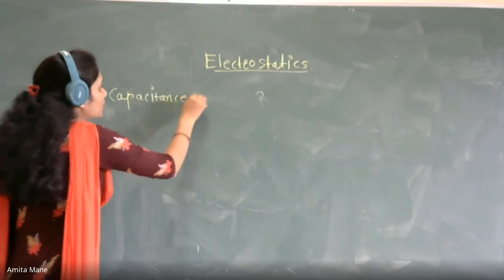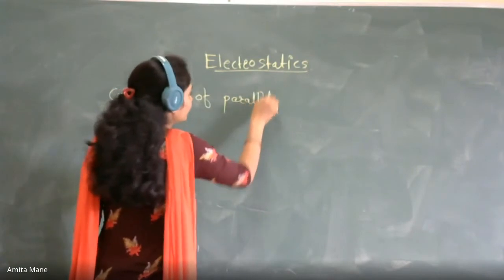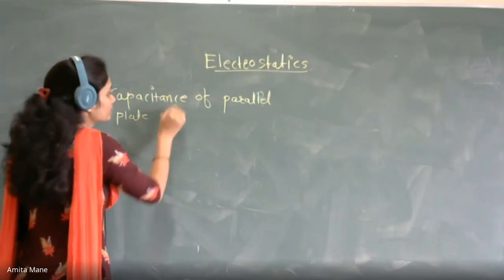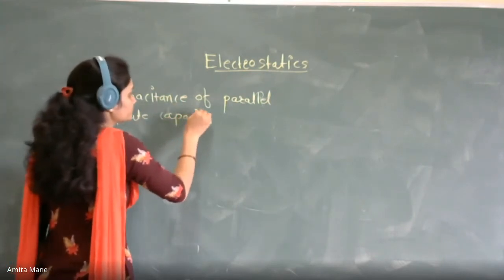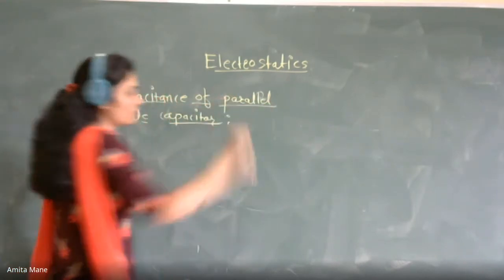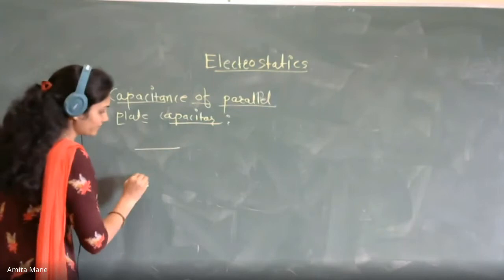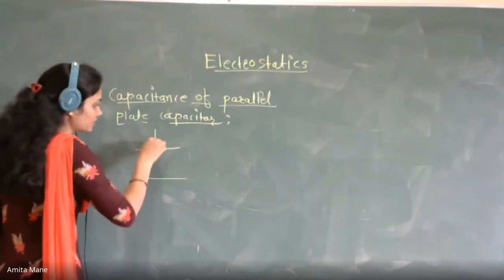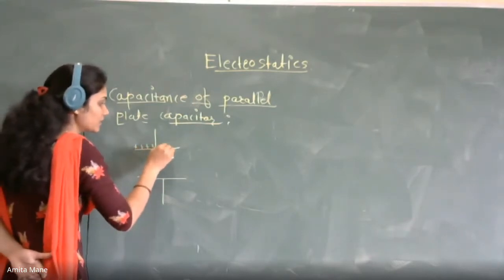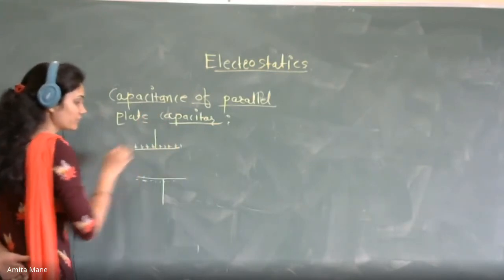Capacitance of a parallel plate capacitor. For this we have to consider one capacitor. One plate of this capacitor is positively charged and the other plate is negatively charged.